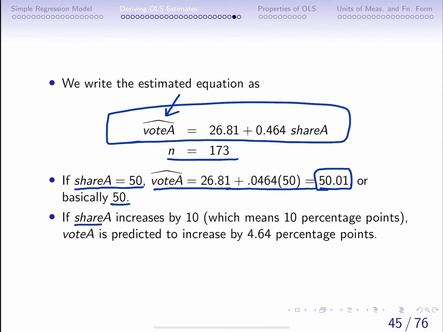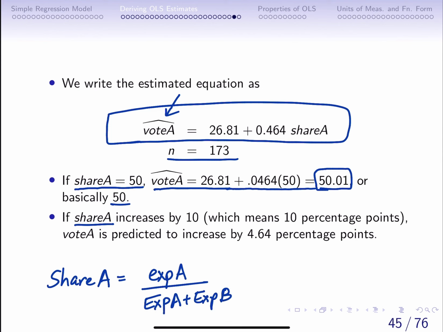If the share of A increases by 10, here remember share of A is basically calculated as the expenditure on candidate A divided by the total expenditure. Let's say A and B were two candidates.